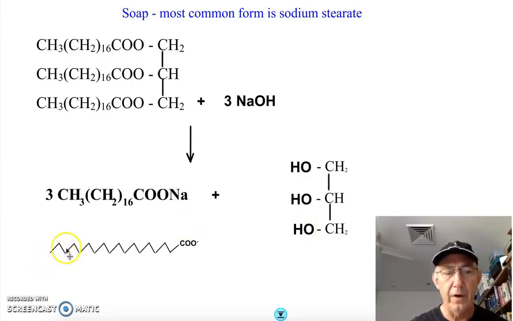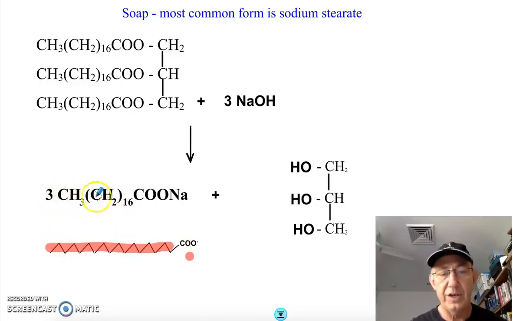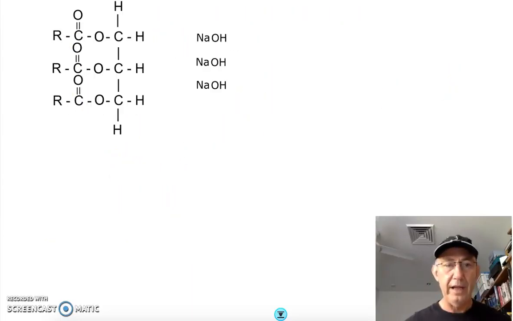We often signify the structure of a soap as a long carbon chain, and then on the end of it we have this end group, which has a negative charge. So this CH3, CH2 16, C double bond O, O negative ion is joined to a sodium ion in this reaction. So how does this reaction work? Again, just simplifying it.